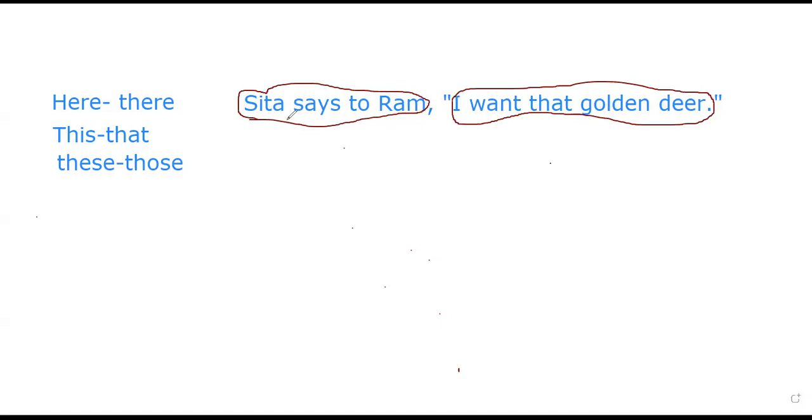Now, this is in present tense. This is also in present tense. Because Sita says to Ram is in present tense, this will not change. It will remain in present tense only. So says to will change into tells. Sita tells Ram that, okay, I is first person.